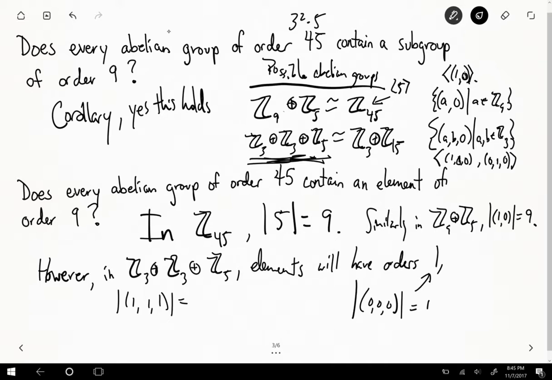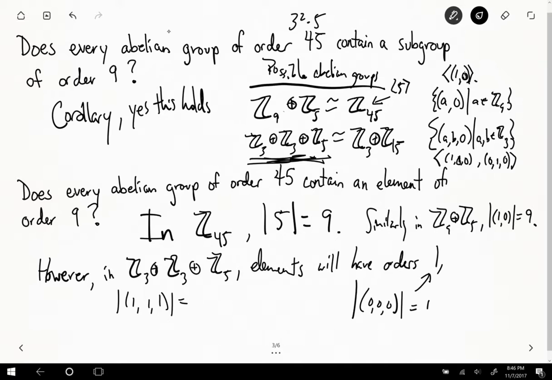Well, that jumps, right? If you go 3 times this, you'd get 0, 0, and then you'd have 3 in that third coordinate. So 3 is not a possible order. If you go 9, you'd get 0, 0, and then 4. But that's not a possible order. So our next possibility, if it's dividing 45, it has to be 15.